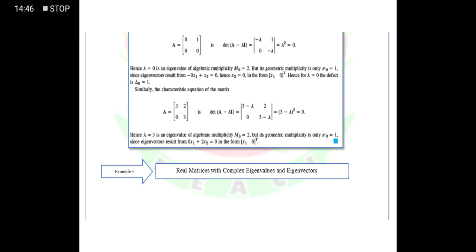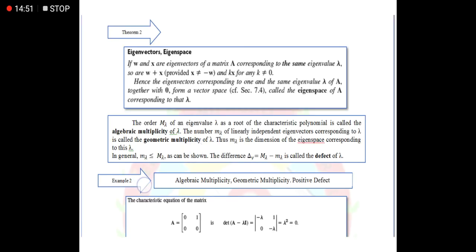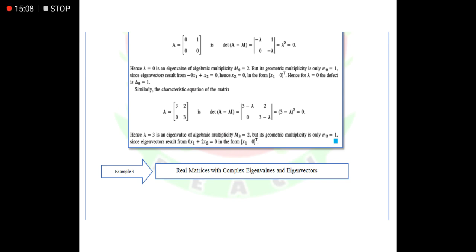Okay, so saan nakuha yung defect na yan? Okay, the defect, no, from this statement here, the defect is from this equation. Okay? So, ibig sabihin nun, i-minus mo si algebraic multiplicity with geometric multiplicity. No? So, yun. So, kaya nakuha to siya.